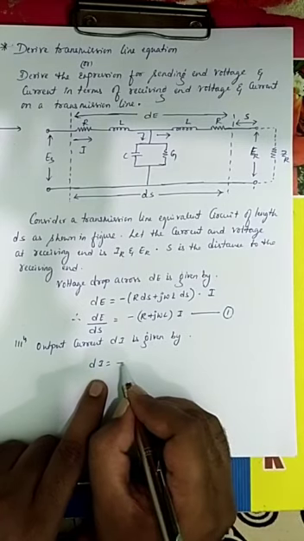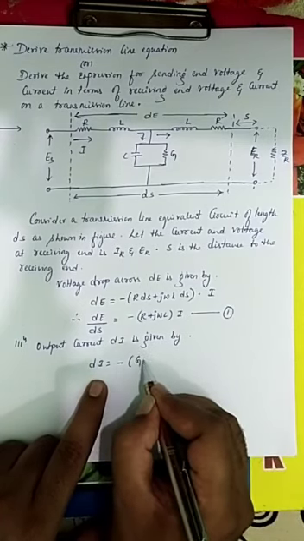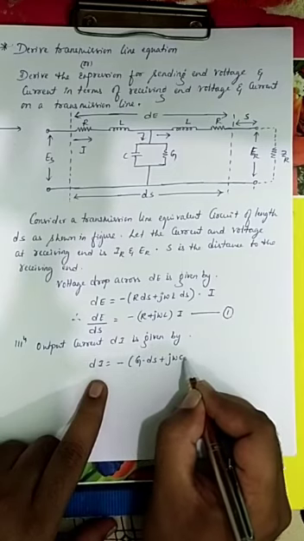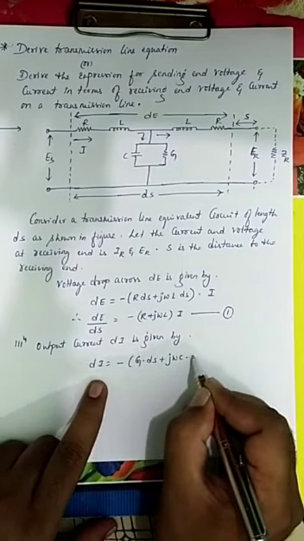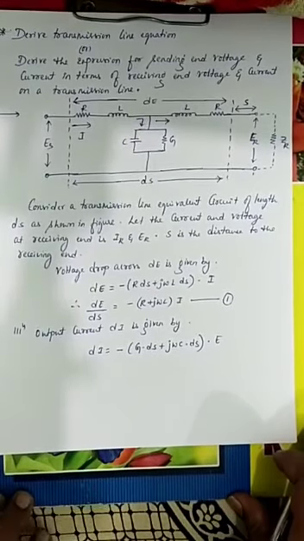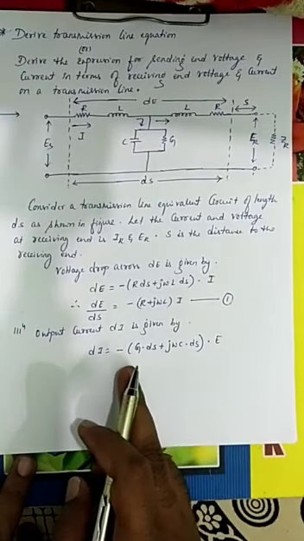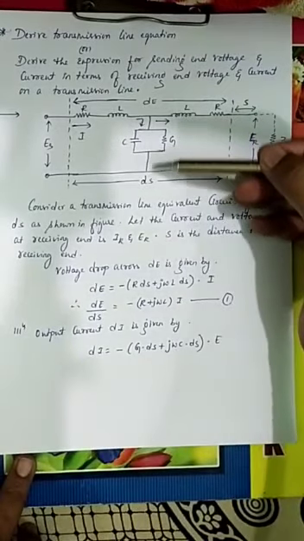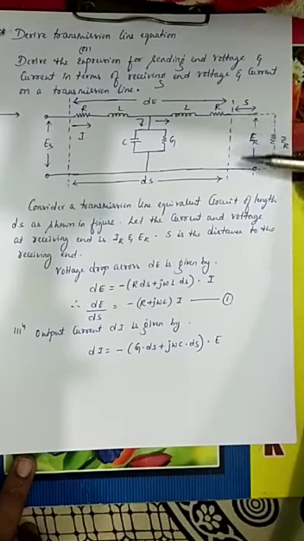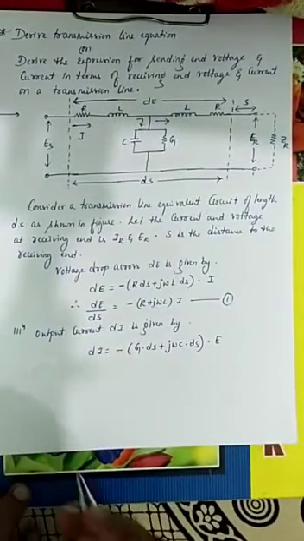So dI is equal to minus (G ds plus j omega C ds) into E. Again, the negative sign indicates some of the current flows through this shunt arm, so the current at the destination end will be less than at the source end.